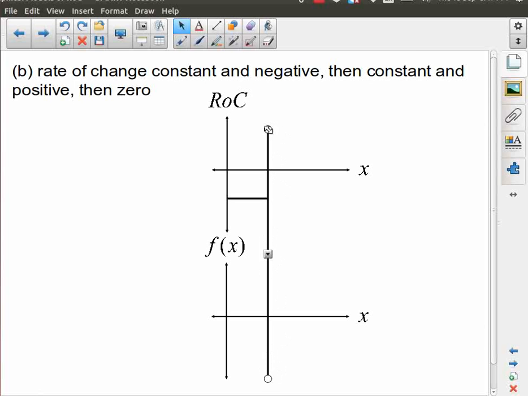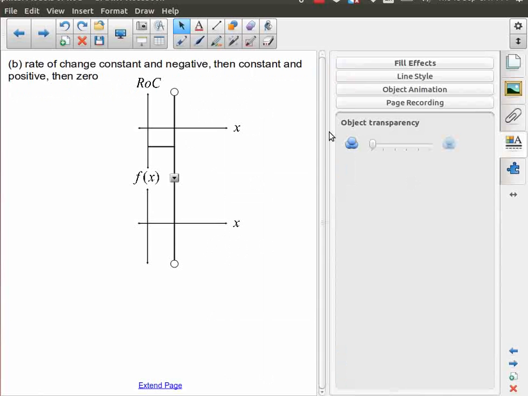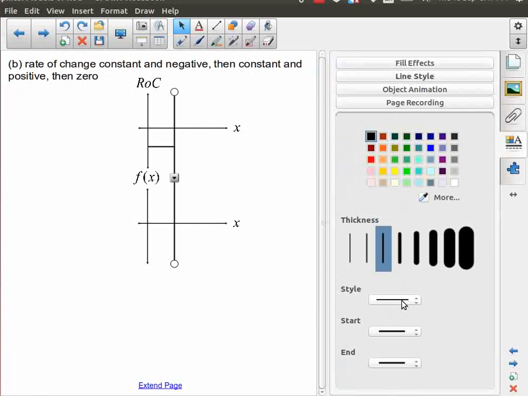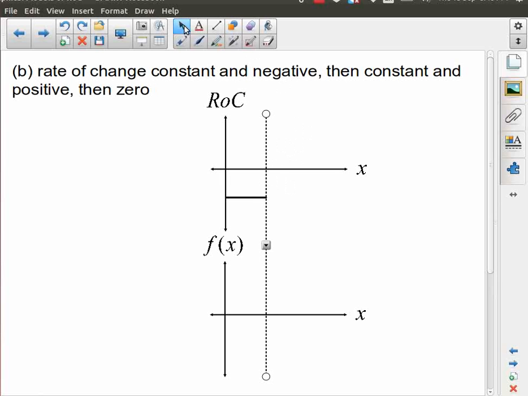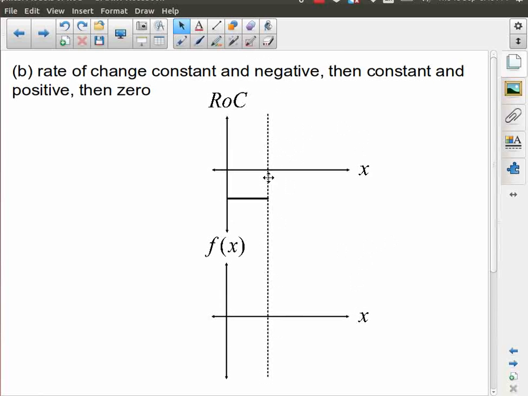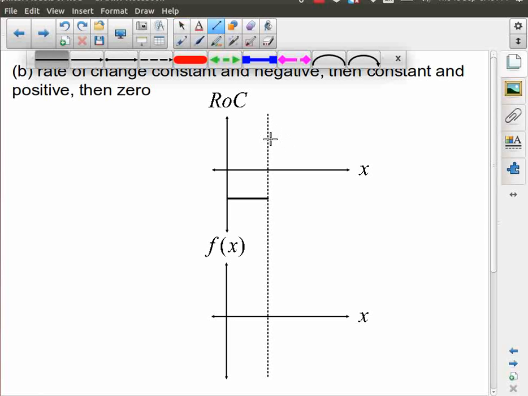I want to show you the value of this, so I'm going to make that line a dotted line, really thin. That's too thin. Okay, so I've got this dotted line over here, and that's just showing me where things are lining up. You can easily do that with a ruler. And then it says constant and negative, and then up here it's constant and positive. So I'm going to put in another line to represent constant and positive.